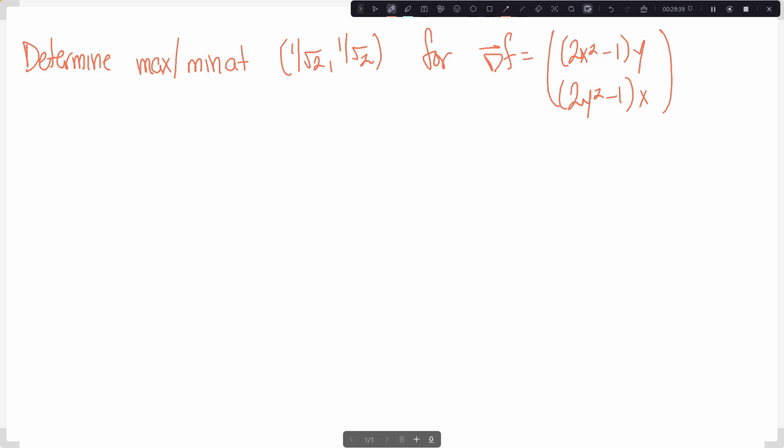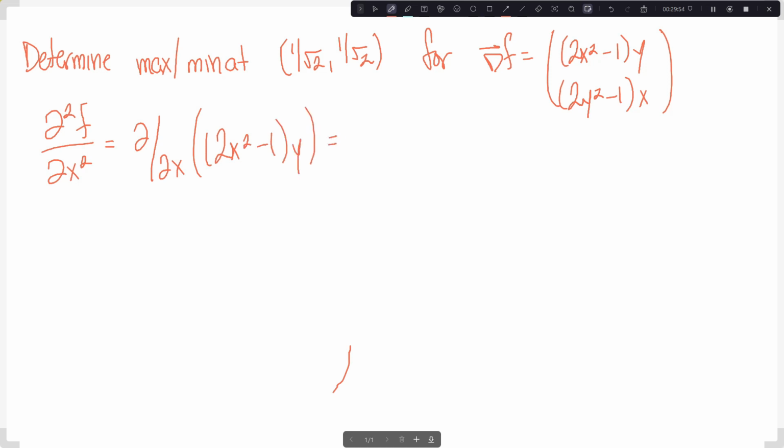And so to determine this at this point, we need to calculate the second derivatives. So the second derivative with respect to x is going to be the first derivative with respect to x of the one we've already calculated, which was 2x squared minus 1 times y. That's going to give me 4xy.